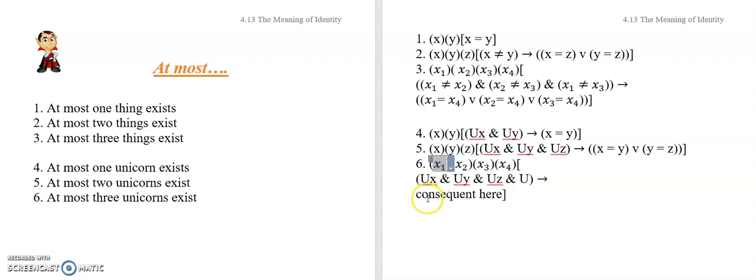Do it this way, this way, this way, and this way, and this one's X2, this one's X3, and this one's X4. Okay, so if X1 is a unicorn, X2 is a unicorn, X3 is a unicorn, and X4 is a unicorn, then something happens, right? Some sort of description is satisfied that guarantees there's at most three.